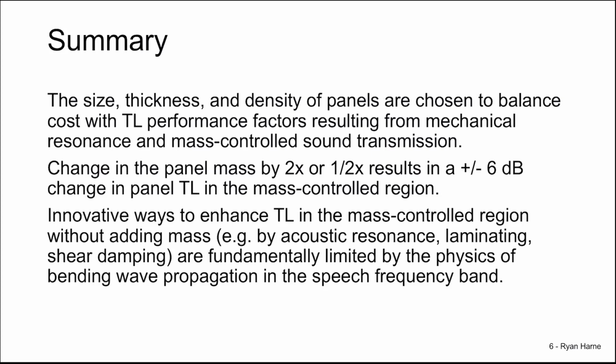And there is great interest to find innovative ways to enhance the transmission loss in the mass-controlled region without adding extra mass, for instance, by exploiting acoustic resonance, laminated designs, and shear damping. But these ways are fundamentally limited by the basic physics of bending wave propagation in the speech frequency band.